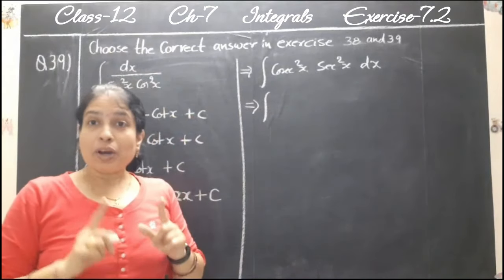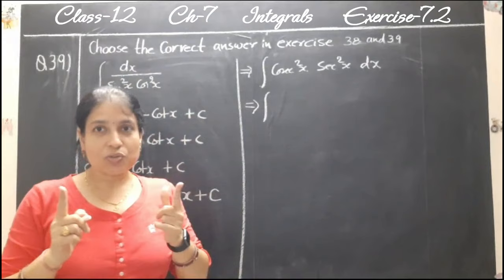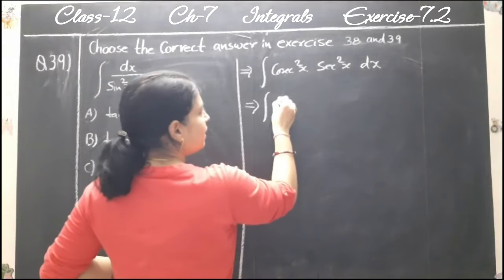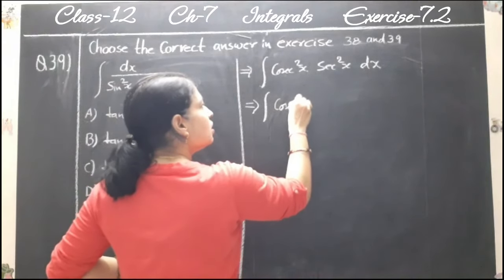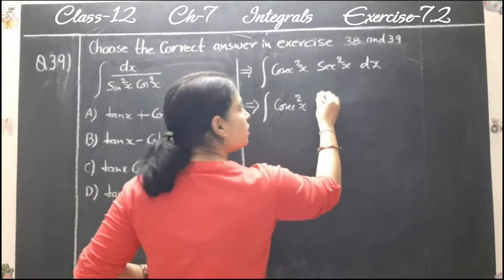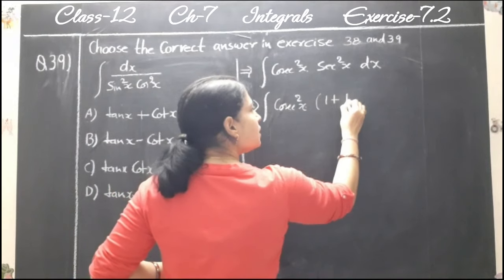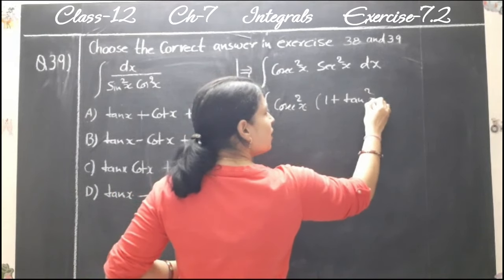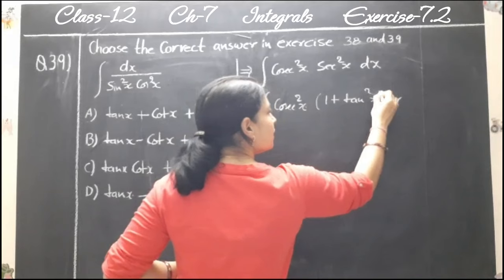And you know that 1 plus tan square x is sec square x. So first write this cosec square x as it is, and in place of sec square x write 1 plus tan square x dx.